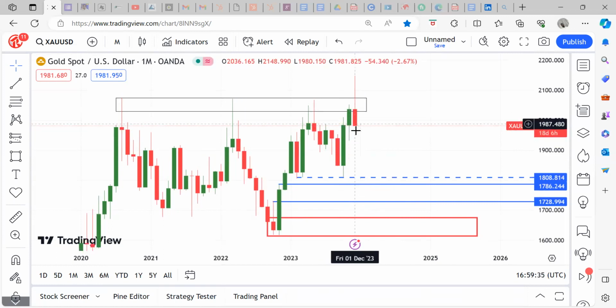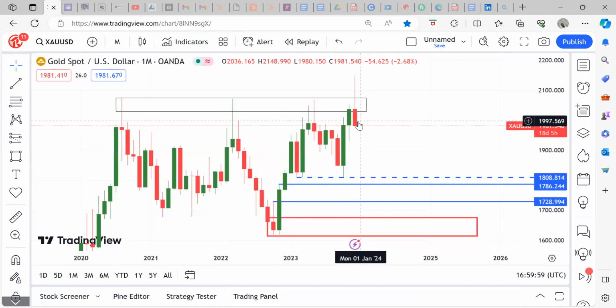If this guy closes on the bearish engulfing, then I'll be looking to short gold. But I have to see a break of structure on the weekly time frame in addition to this bearish engulfing. So the first criterion is the bearish engulfing. The second one is that I must see a break of structure on the weekly time frame, telling me yes, this guy is about to collapse.